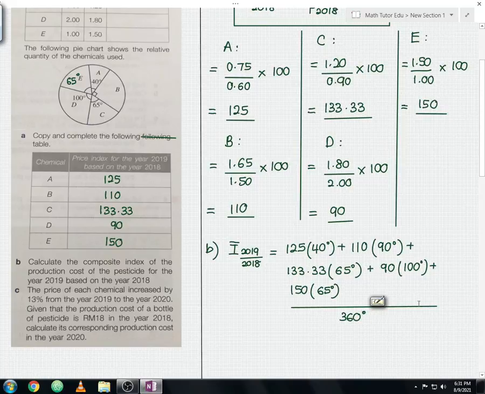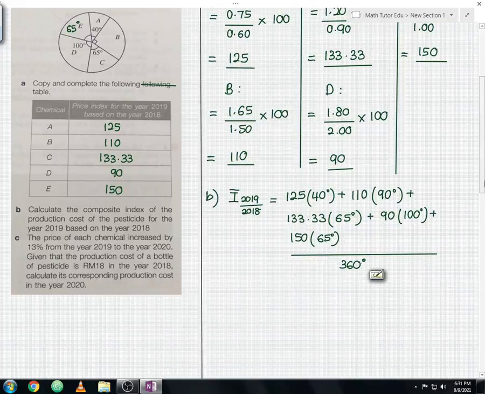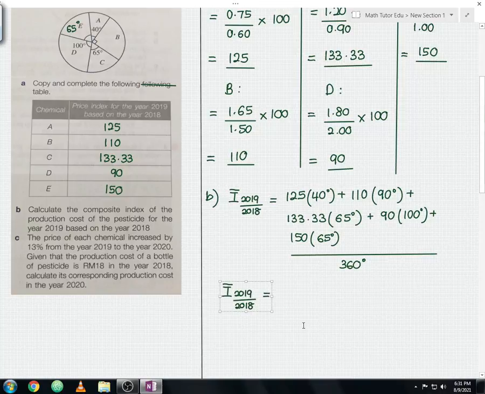From here you calculate the numerator. You should get 42,316.45, and you divide by 360.